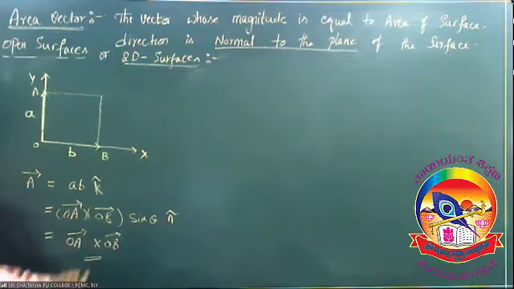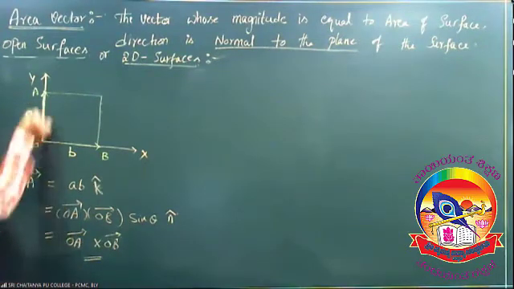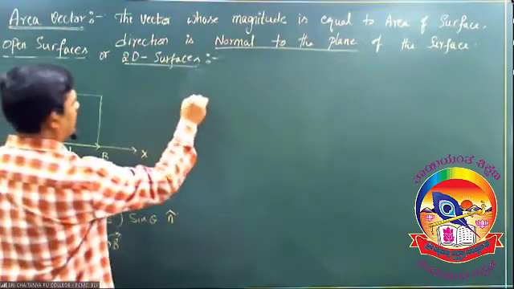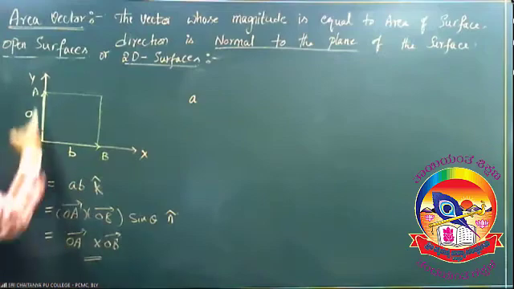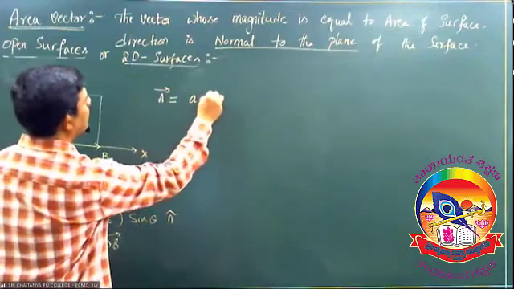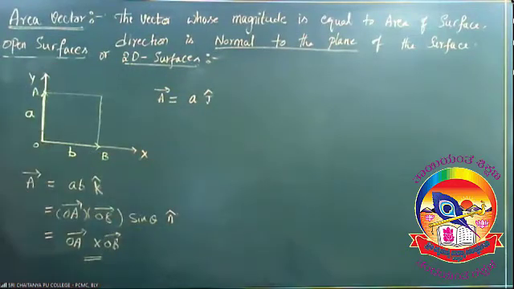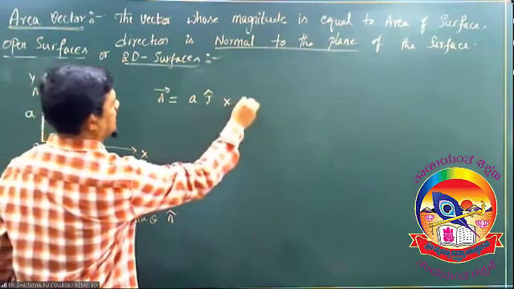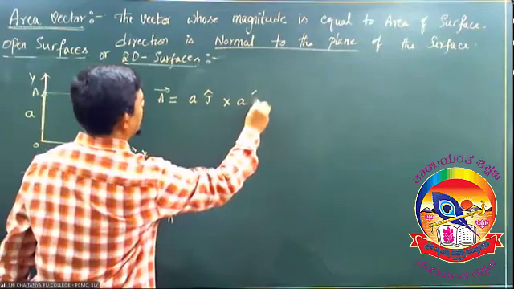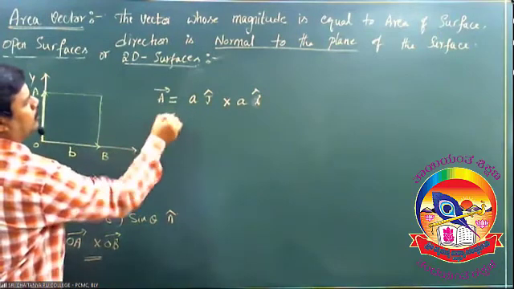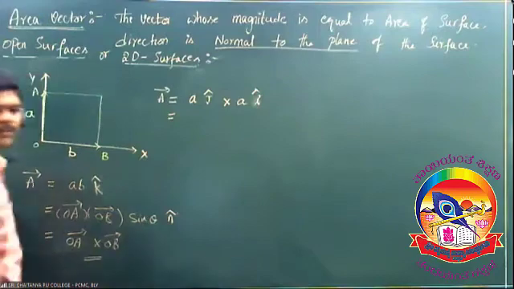See here, OA cross OB. OA is in the Y direction, so I can write OA as A J cap. OB is in the X direction, so A I cap. What is the cross product of J and I?